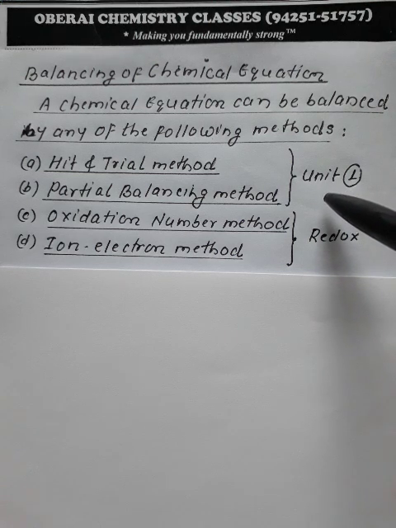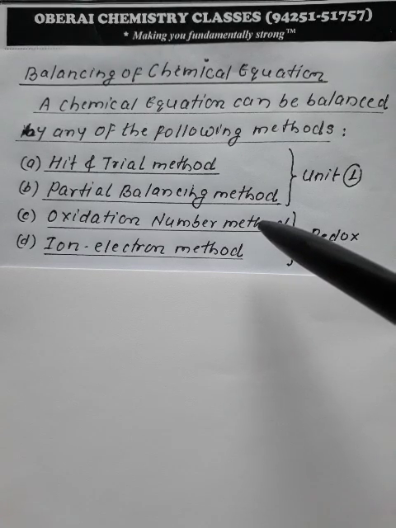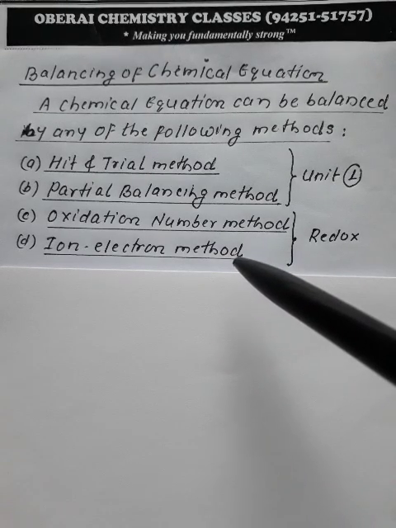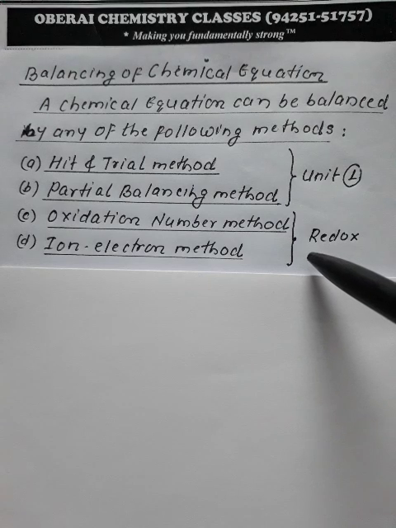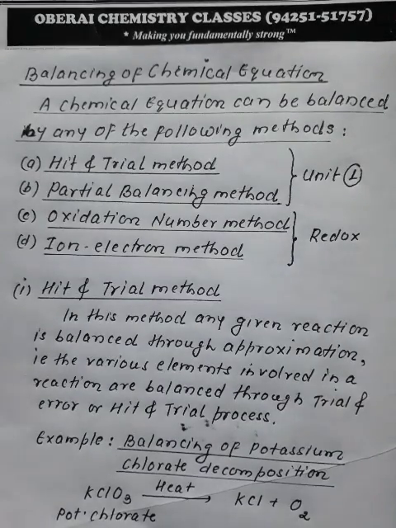The rest two, oxidation number method and ion electron method, are included in unit redox. So the important topic is the balancing of equation based on the partial balancing.